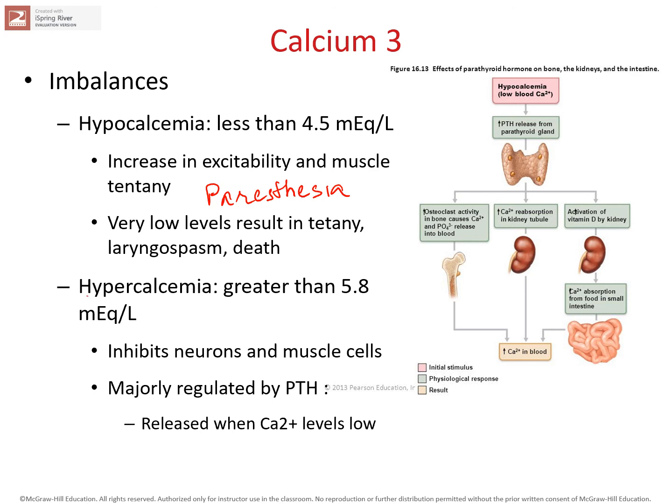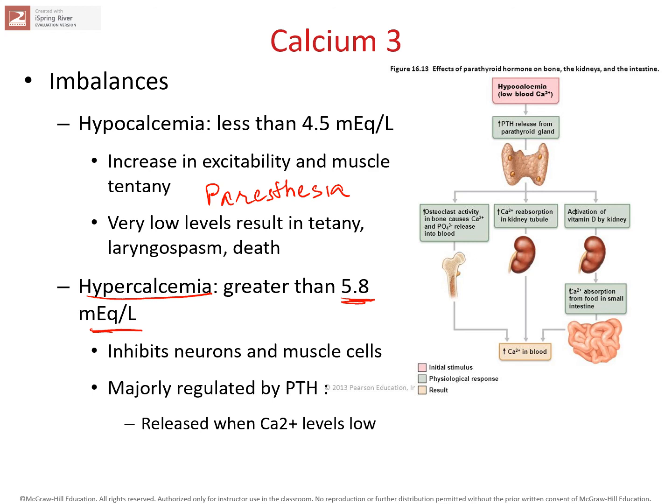Okay, so hypercalcemia is the concentration of calcium above 5.8 milliequivalent per liter. This can be caused by conditions like alkalosis, hyperthyroidism, or hypothyroidism.